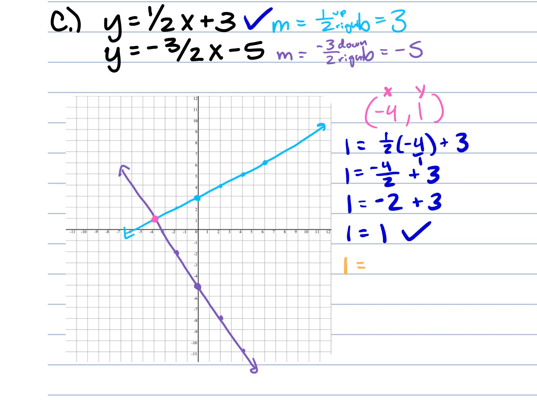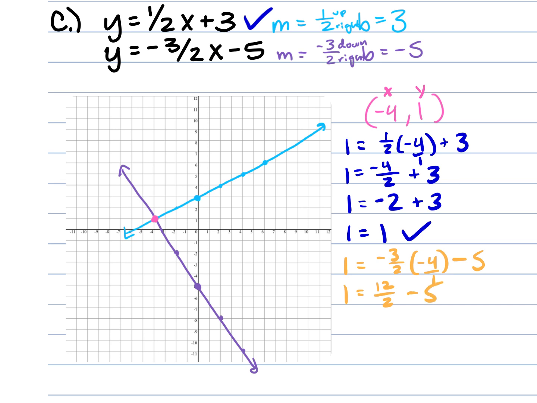So 1 is equal to negative 3 over 2 times negative 4 minus 5. So here when I multiply, I put a 1 under 4. And then negative 3 times negative 4 is what? Positive 12. So 12 over 2.